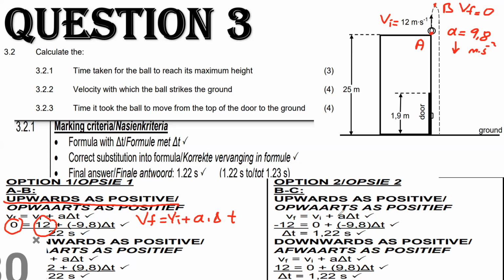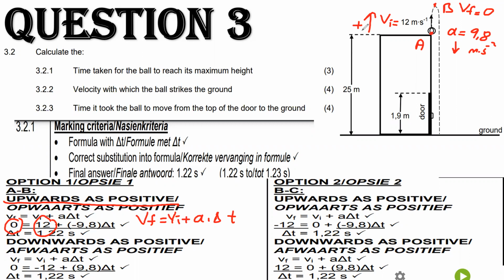If you say down is positive, it's going to be a different story, but the rest will be the same. So V final equals 0, V initial equals 12, going up because we said up is positive.